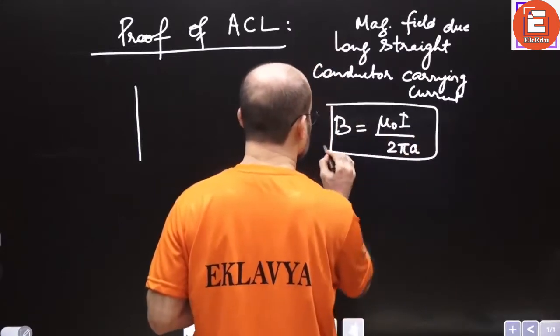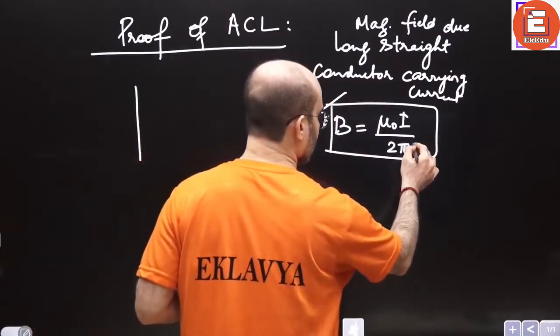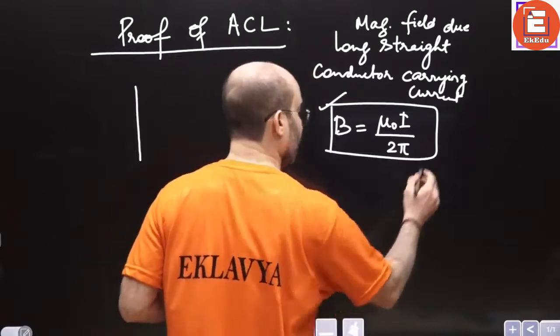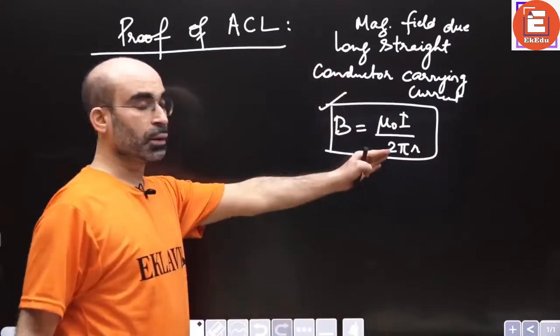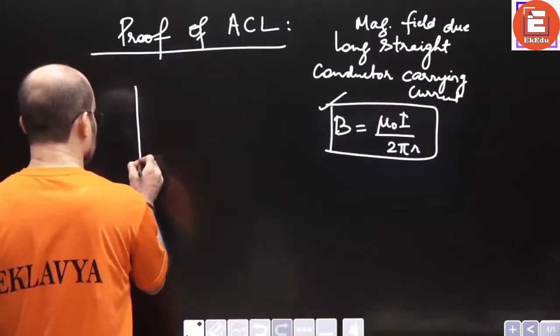We are aware of this. So we may say 2 pi R, where R is the distance we have taken. Just try to understand what it is.